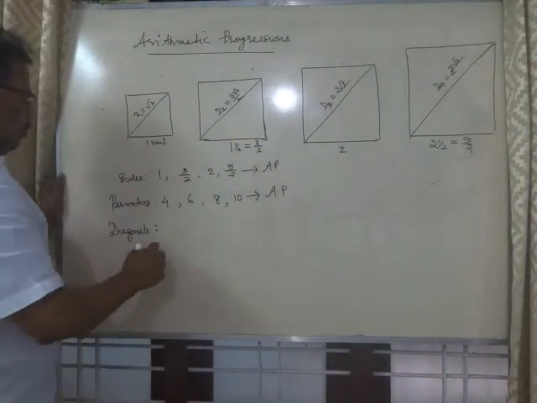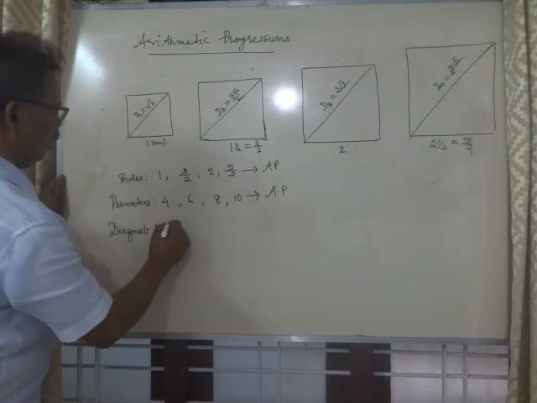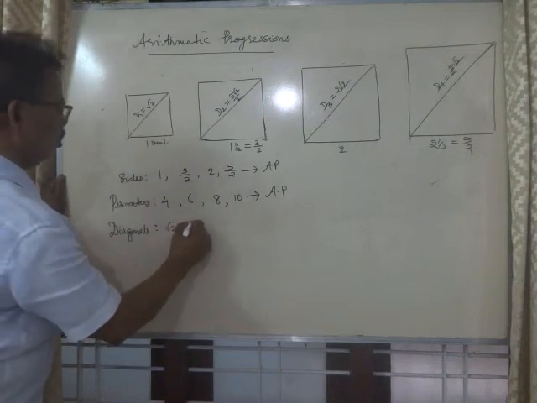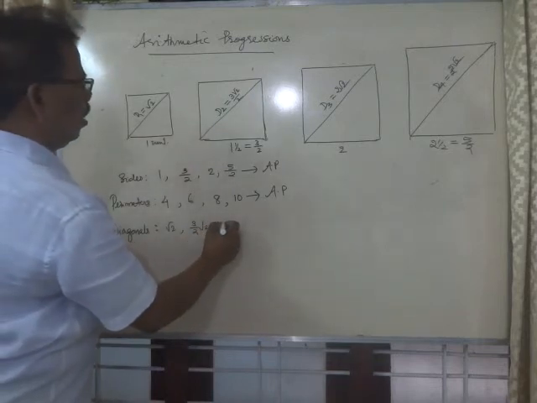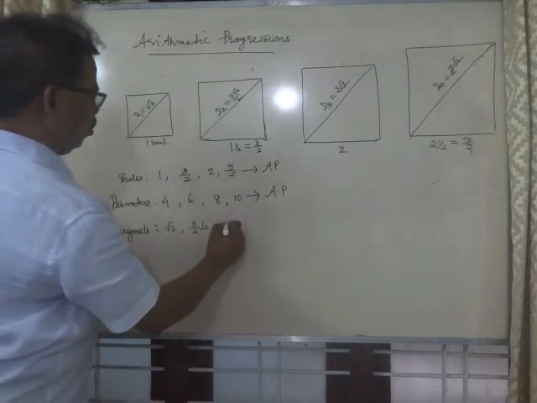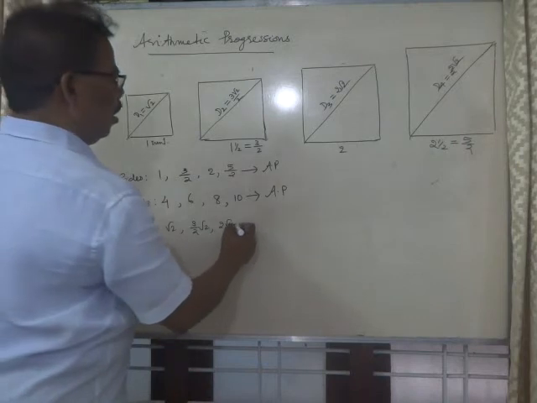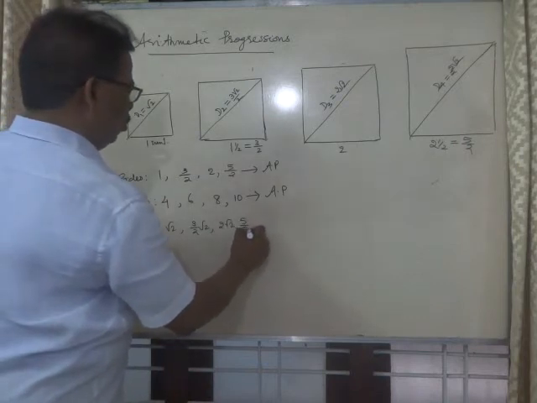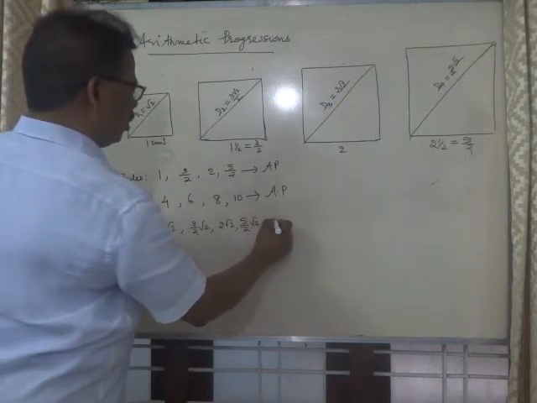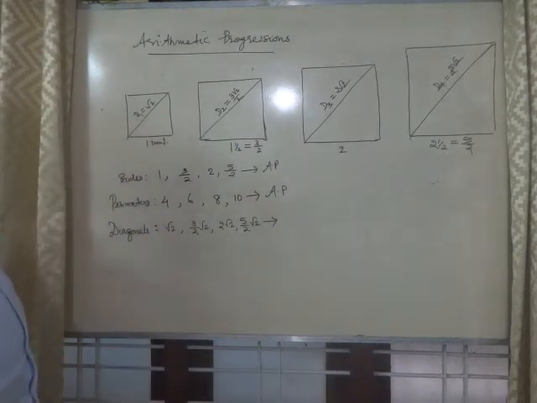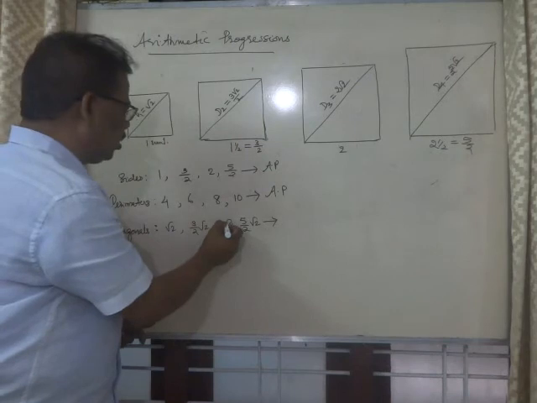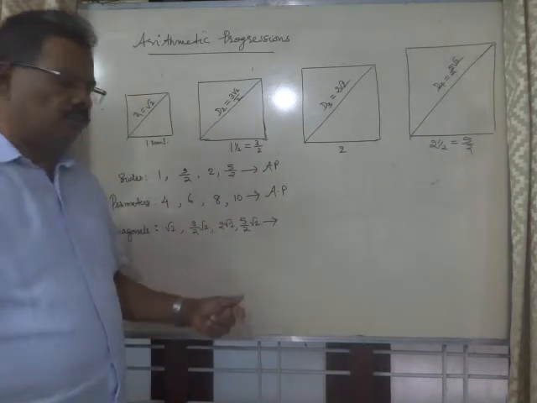Now root 2, 3 by 2 root 2, 2 root 2 and 5 by 2 root 2 are the lengths of the diagonals. Do these terms form an AP?